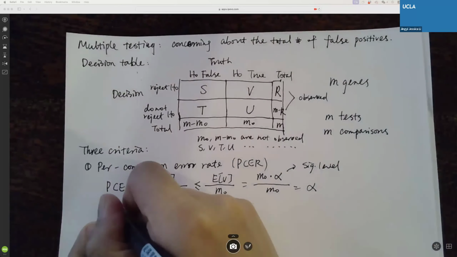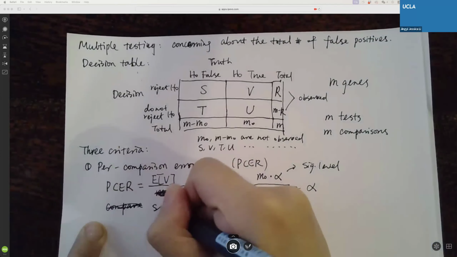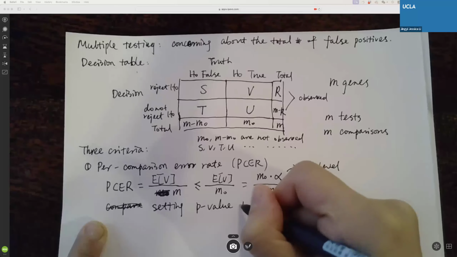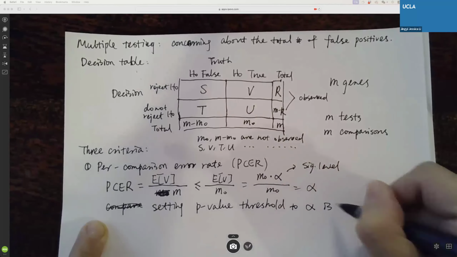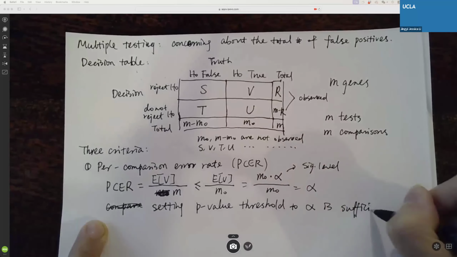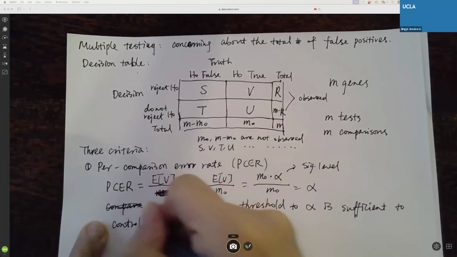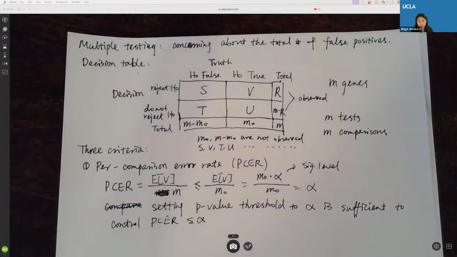Setting the p-value threshold to alpha is sufficient to control the per comparison error rate under alpha. That's it. If you just want to control this criterion, you're good. Just compare it to 0.05 if that's your significance level.